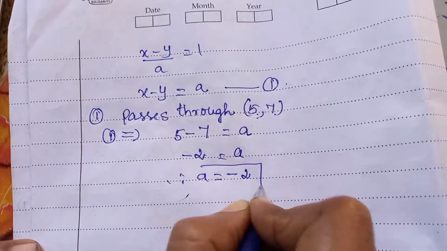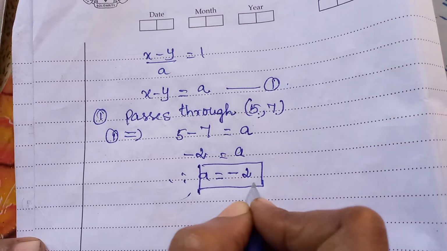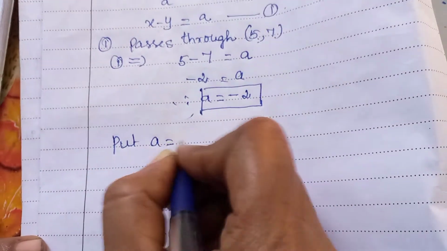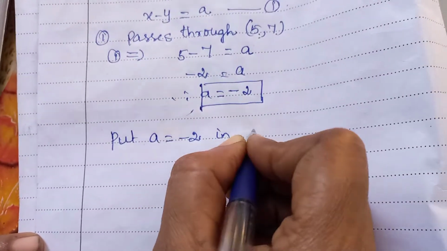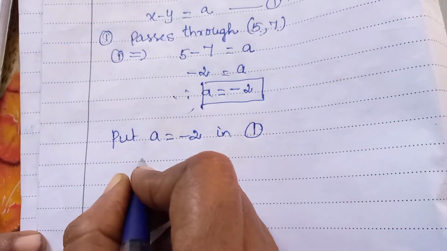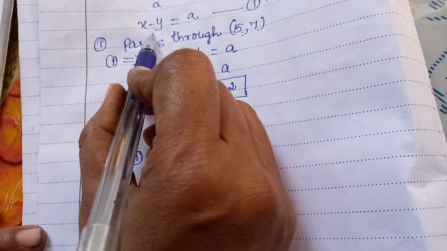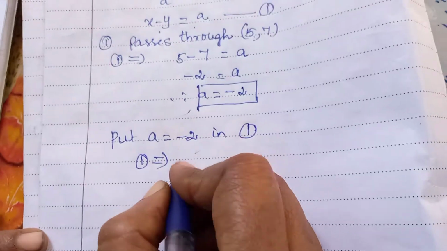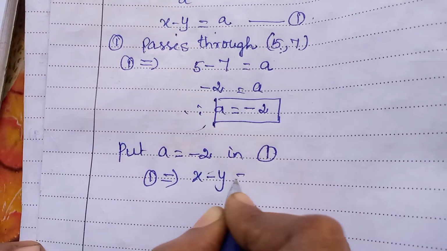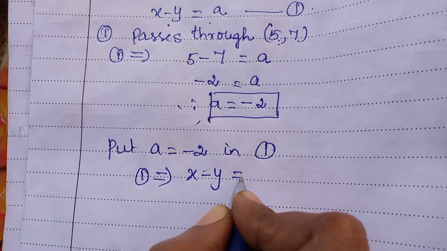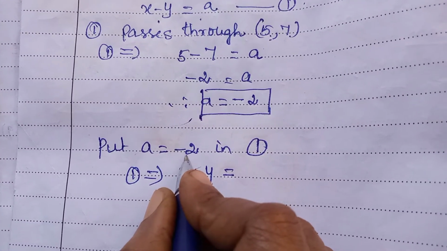Okay, put a is equal to minus 2 in equation number 1. Equation 1 is x minus y equal to a. The value of a we have is minus 2. So x minus y equal to minus 2.